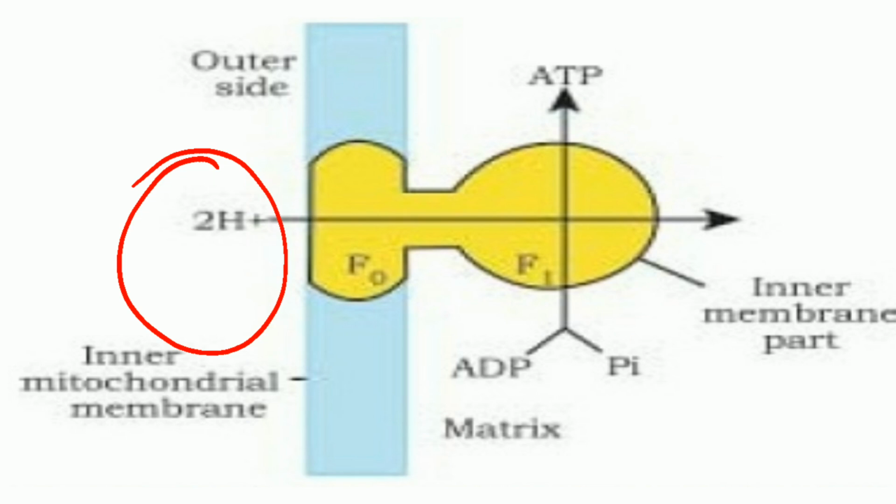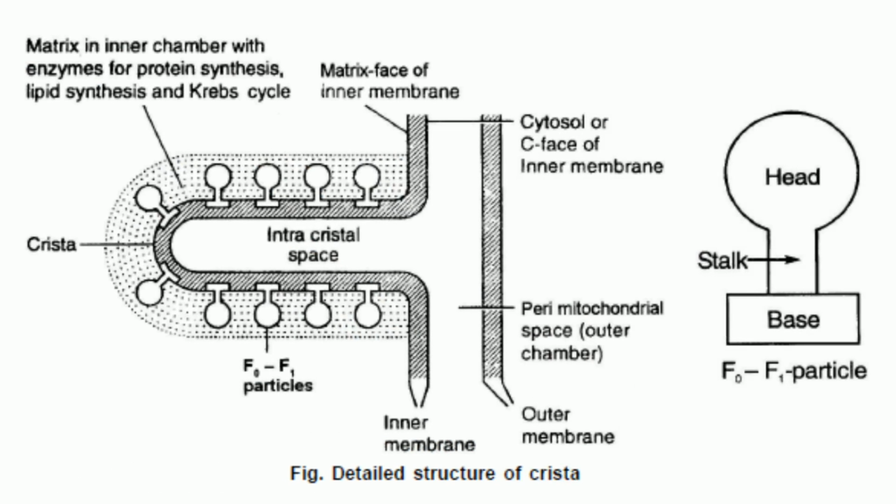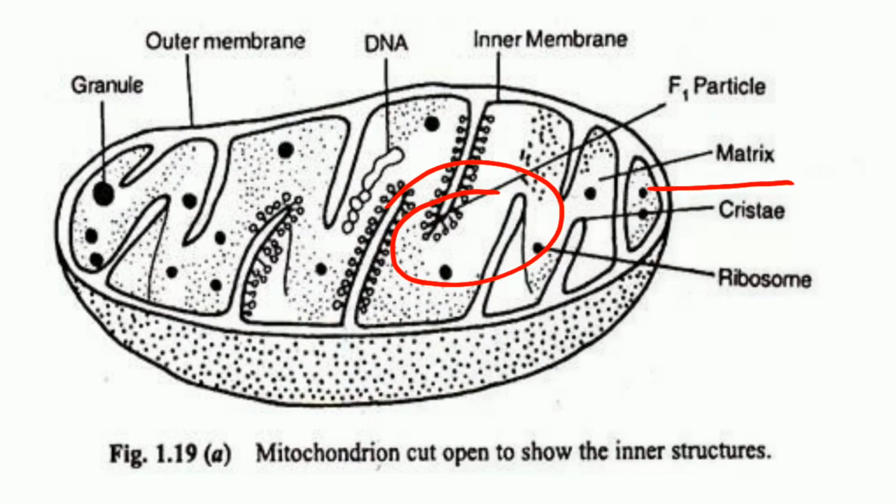The unidirectional flow, because always the proton will flow in this direction, results in the accumulation of hydrogen protons in the intermembranous space. You can imagine how little space there is between the two membranes.